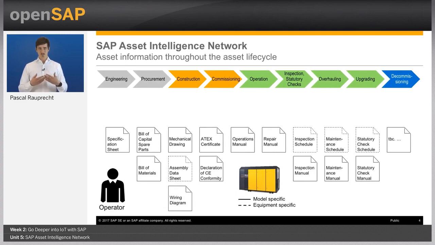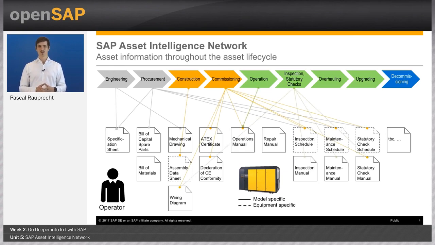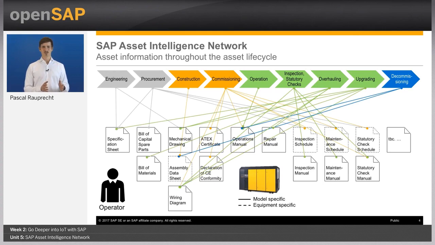Even once arrived at the operator, we face a lot of problems and struggles with the master data, but also with transactional data which you need to assess what already happened to an asset. So here you can see all the phases of an asset lifecycle, and usually different departments work on each of those phases. So maybe the commissioning, the installation of an asset is done by one team, and the maintenance is done by other teams.